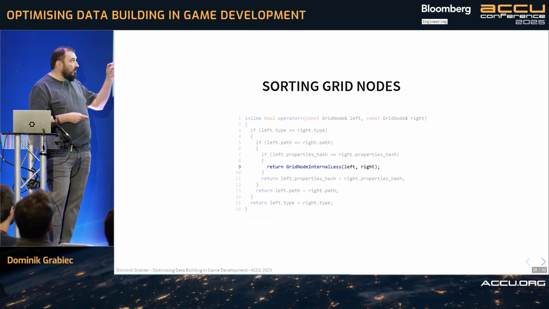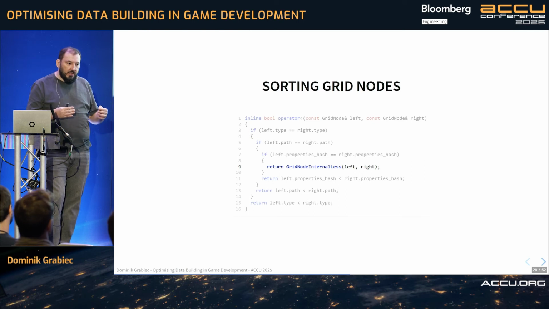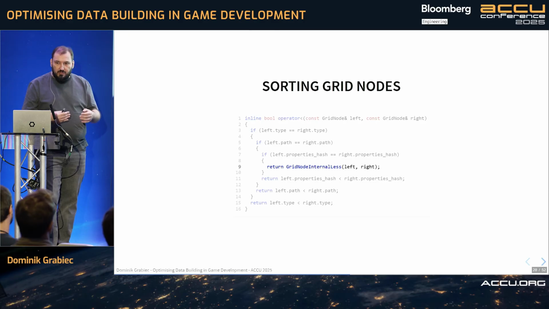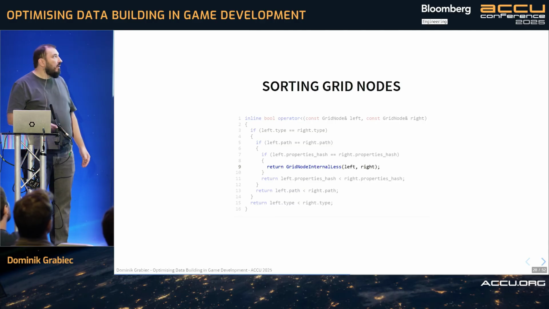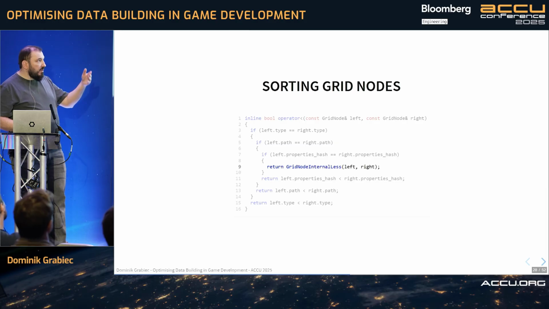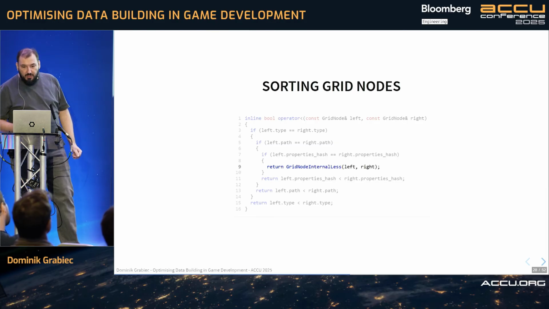In here, the first comparison is the type of node. That's generally important because you want to get all the mesh nodes together, or all of the collision nodes or things like that, so you want the whole array sorted by that property. Then you have the path and the properties hash, and then you go into the non-inline function.